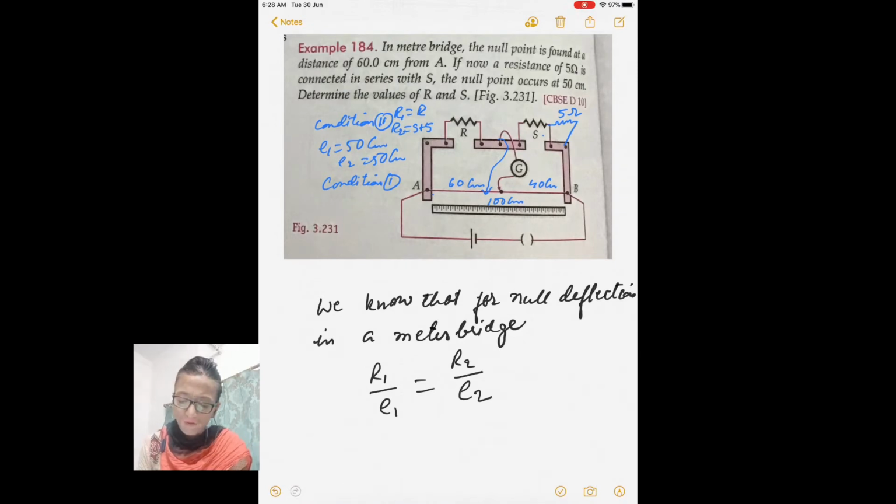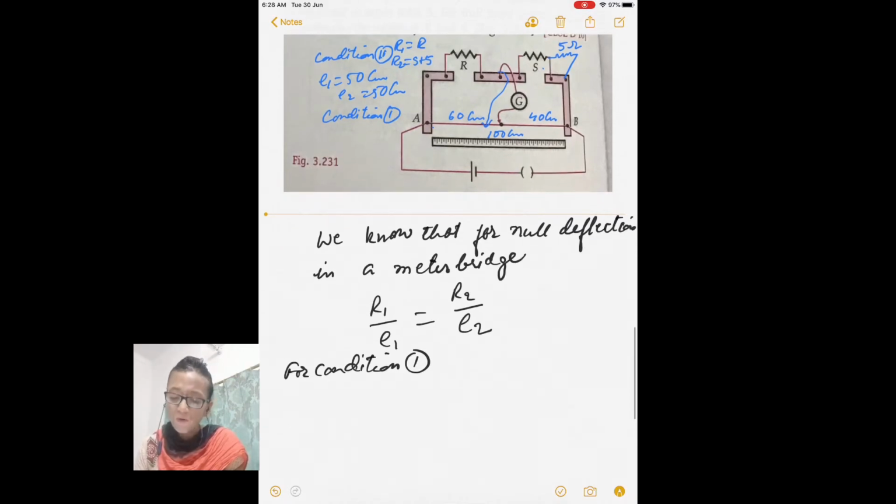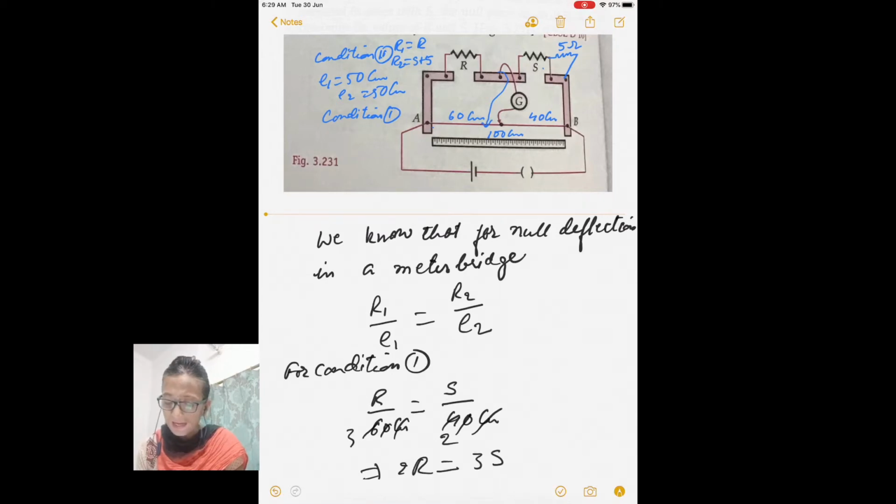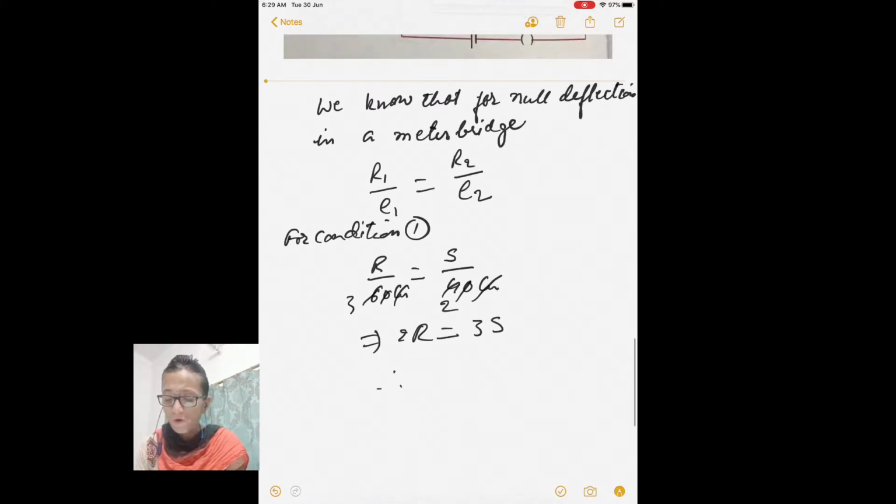For condition 1, R1 is R only, length is 60 centimeter, R2 is S and length is 40 centimeter. So when you simplify, you get that 2R is equal to 3S, and therefore R is equal to 3 upon 2 S.